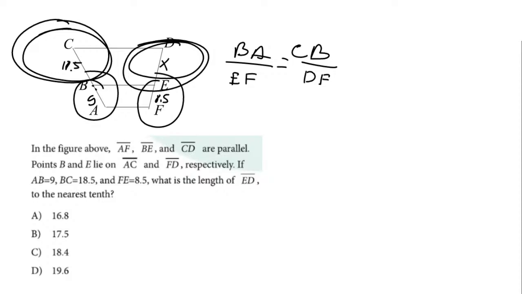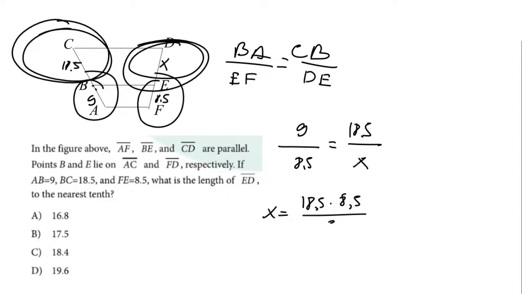If we use this knowledge and put in the numbers, we get 9 over 8.5 equals 18.5 divided by X. This is what we need to know, ED to the nearest tenth. So we find X equals 18.5 multiplied by 8.5 divided by 9.